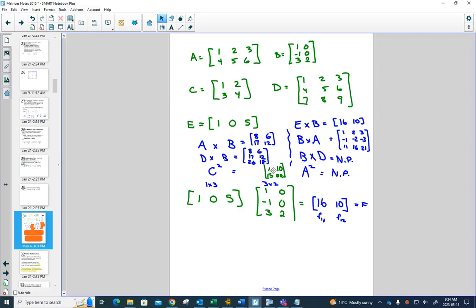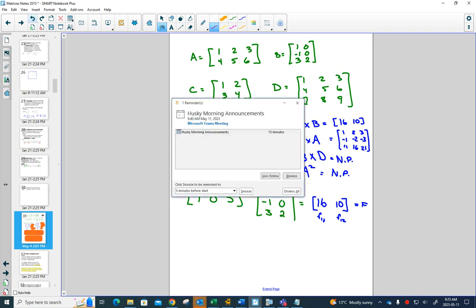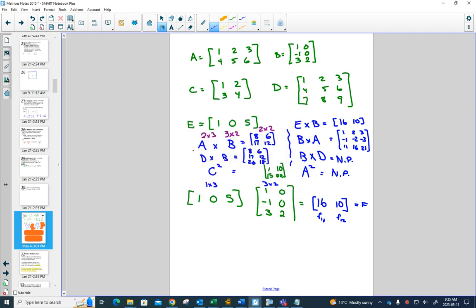So let's look at the ones that worked. Let's look at A's size. A was a 2 by 3, and B was a 3 by 2, and the answer is a 2 by 2. D is a 3 by 3, B is a 3 by 2, and the answer was a 3 by 2. Here we have a 1 by 3 times a 3 by 2, and the answer is a 1 by 2.